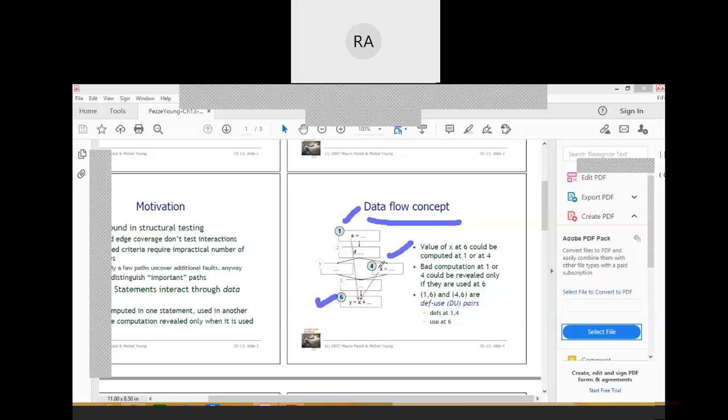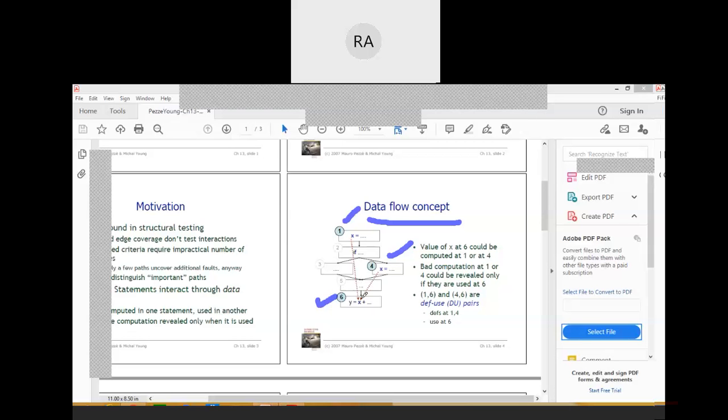That's why 4 and 6 form a DU pair, wherein 4 defines the value for x and 6 makes use of the value which was earlier defined at node number 4. There is no intermediate node which is stealing the value of x defined at 4, because here there is no statement at all. That's why 4 and 6 are also forming the DU pair, definition use pair.